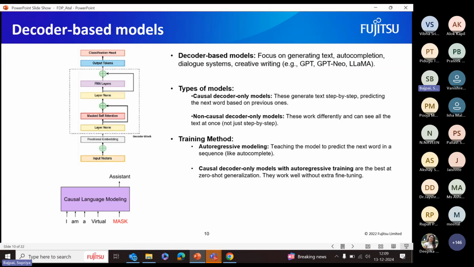So for example, if you ask the model to write a poem, or generate a story, or complete a sentence, it can do that just based on the knowledge it has already learned during training. So yeah, no need of fine tuning actually. This is the main reason why these models, GPT-3 and GPT-4, are so powerful.